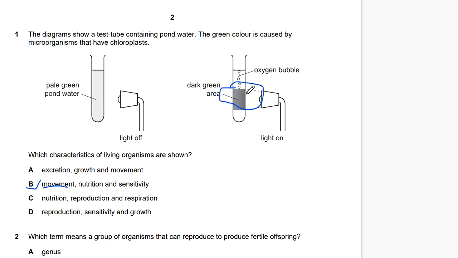That's why there is an escape of oxygen bubbles from the microorganisms that have chloroplasts. Why sensitivity? Of course, you can see that the dark green area is where the light is on. So that is for this question.